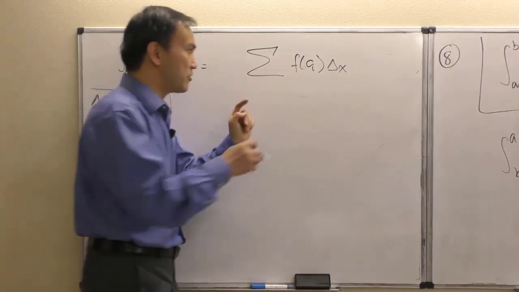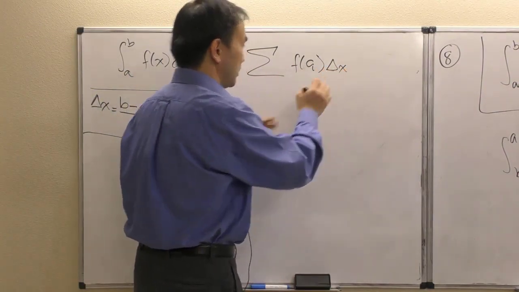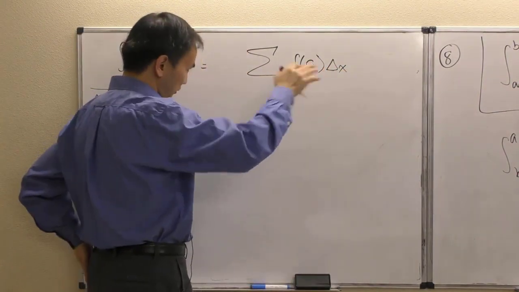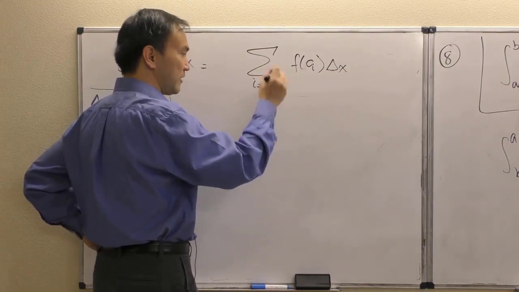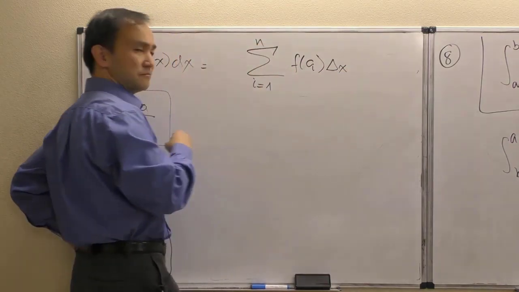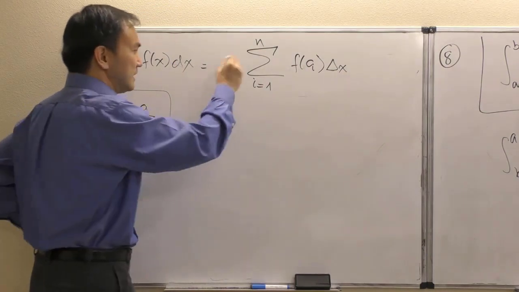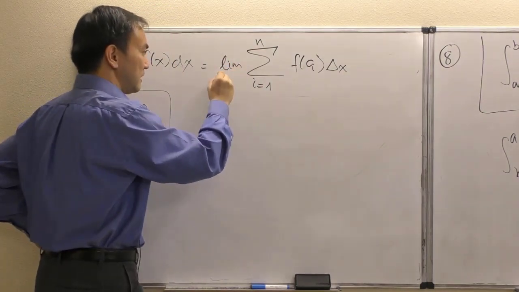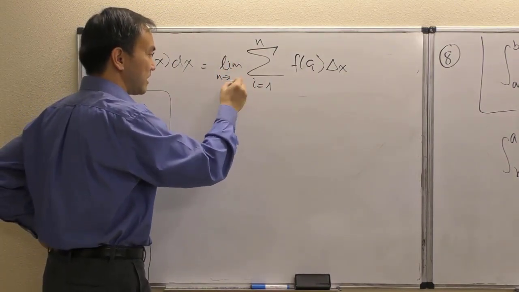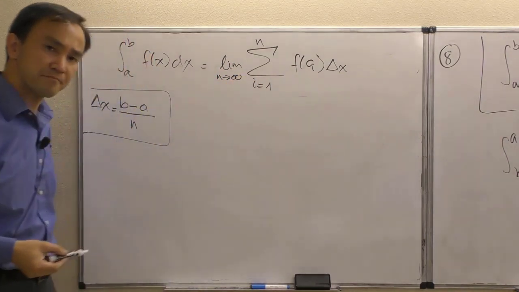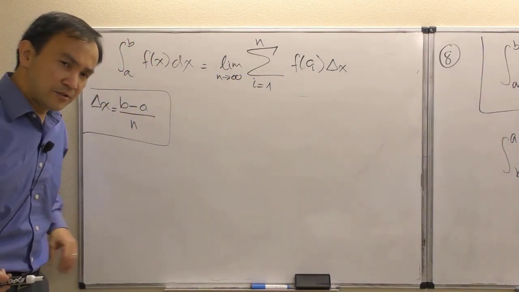Consequently, we're summing from 1 to the nth rectangle, and then we take the limit, allowing the number of rectangles or subintervals to increase to infinity.